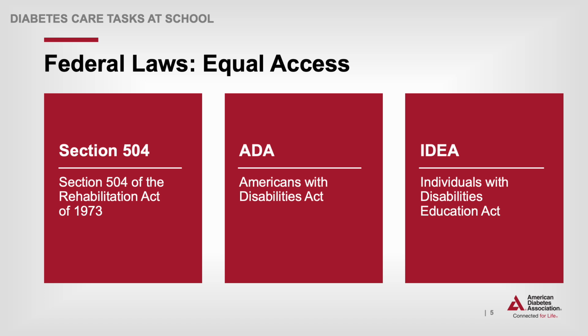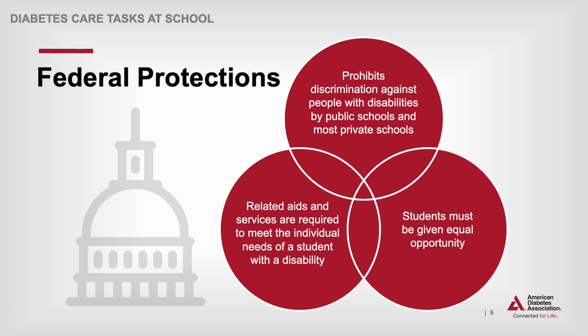The purpose of this training is not to fully describe these laws, but rather to talk generally about how they might impact care provided for a student with diabetes. This slide provides an overview of the framework for planning and implementing accommodations for students with disabilities under 504, Americans with Disabilities Act, and IDEA.